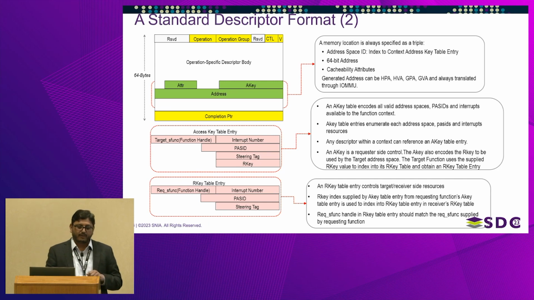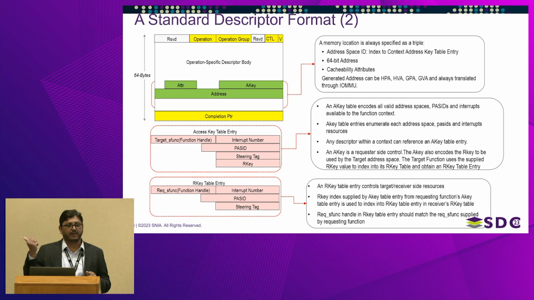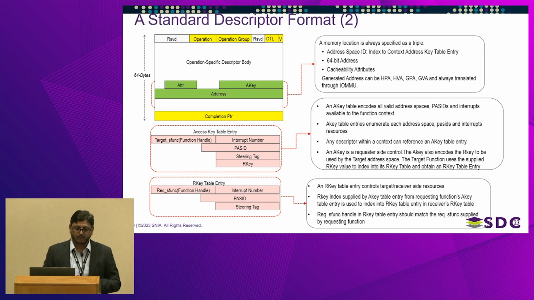If that requesting sfunc matches the requesting sfunc, only then you will be able to access that remote function's address space. And this is kind of the security built into the spec. And you also need to match the PASID that you're trying to address.